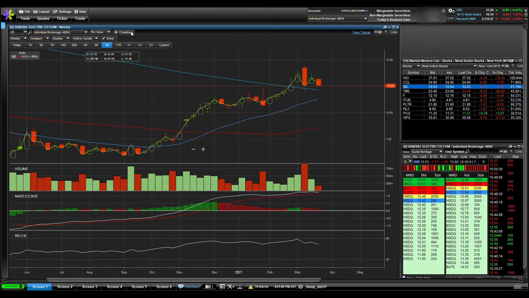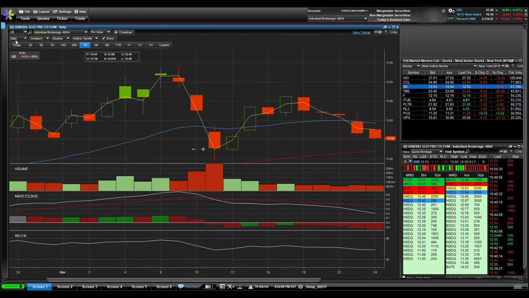To me, this looks like it could take a couple weeks of consolidation to go down to this 11.30 EMA, bounce off of it, and to have the 20 EMA cross over the 200 MA. If that happens at all. If it doesn't happen, I think it's likely that we'll be heading down towards the $9 range. That's the next support level.